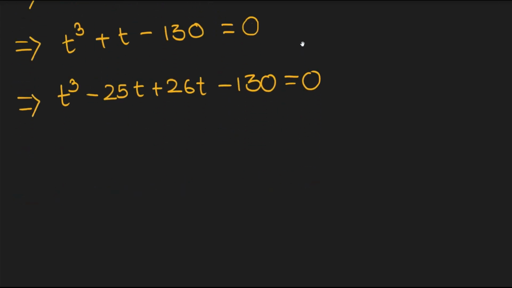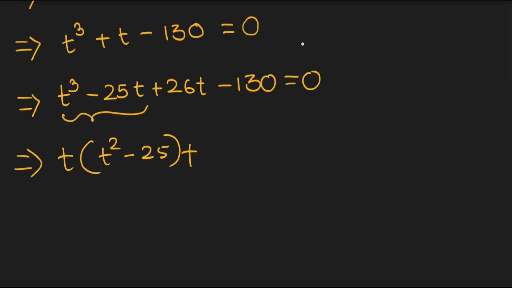From the first two terms we can take t as common, giving t square minus 25, and from the other two terms we can take 26 as common, giving t minus 5, is equal to 0.